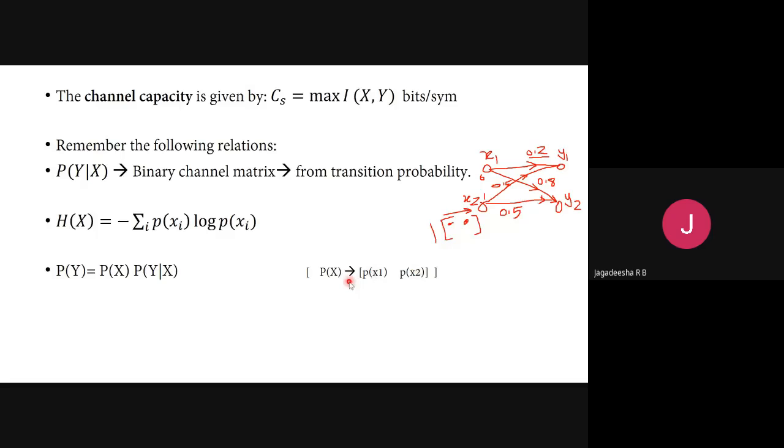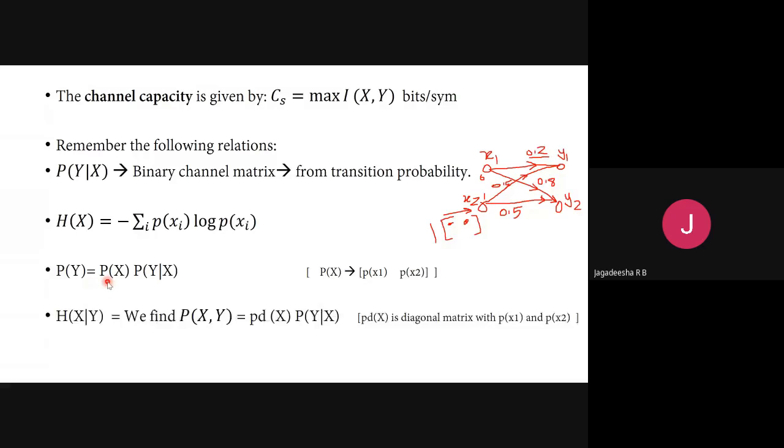So generally it's a matrix. Probability of x1, probability of x2 is a matrix. And this we already know how to find here. And we just multiply these two matrices, we get the probability of y. So this is the equation to find probability of y. Or sometimes we may need to find this or this term. I mean, with the help of this equation, you can find the unknowns.